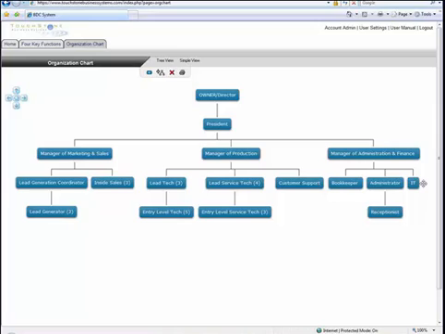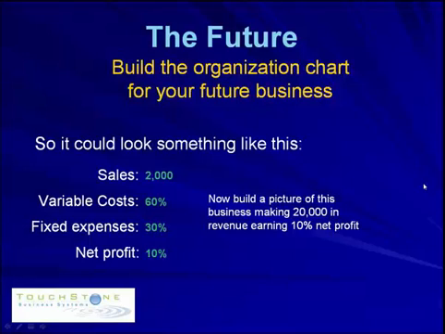Think about the sales goal, your variable cost goal, your fixed expenses, and your net profit. Just those 4. Get a spreadsheet out and put where you are today: what your sales are, what your variable costs are, what your fixed expenses are, what your net profit is.